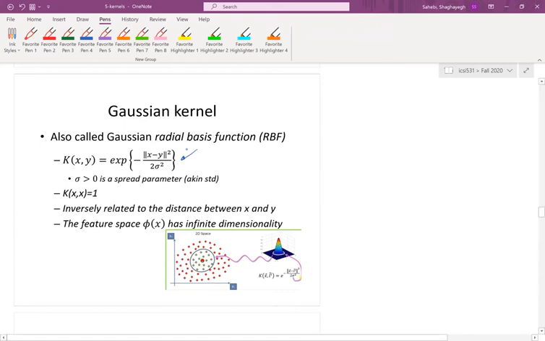Now, because there is this exponential function there, the rate by which the value of the kernel gets smaller, depending on the distance, is an exponential rate. That's why the whole kernel function looks like a Gaussian distribution function that we have seen before, right? And also, to define how far is far, we divide by this spread parameter.